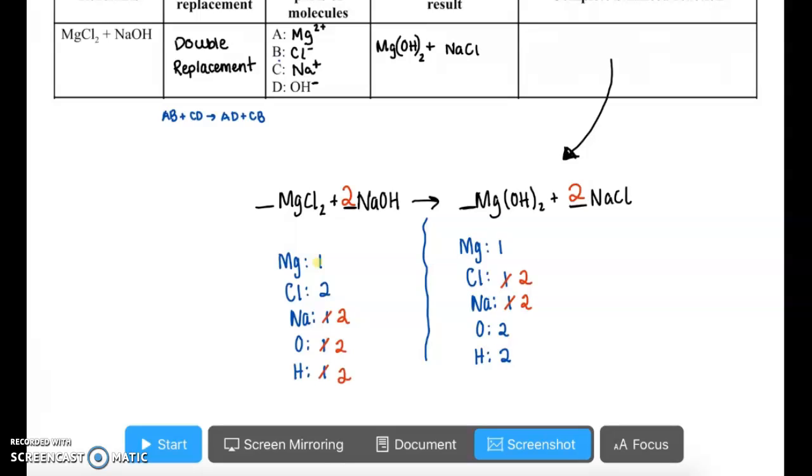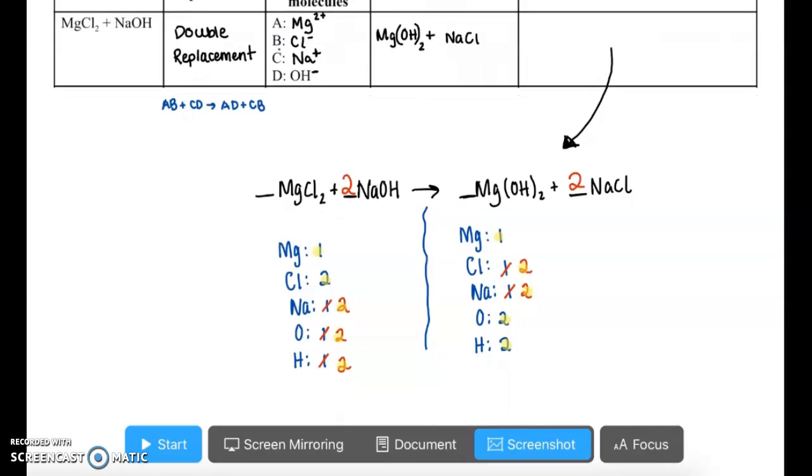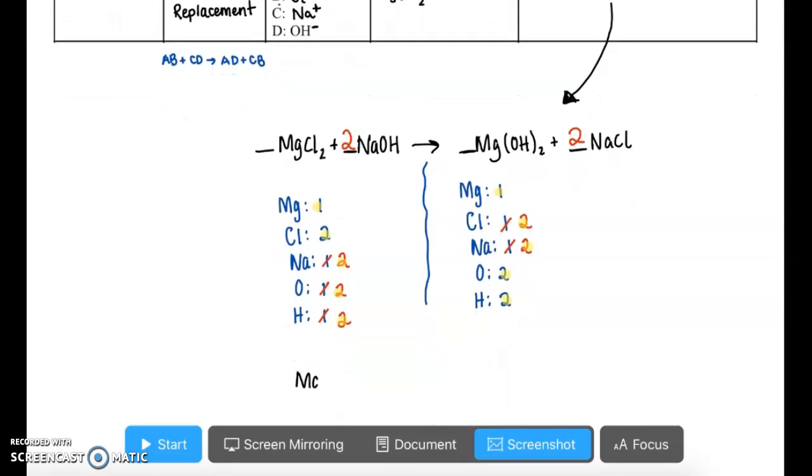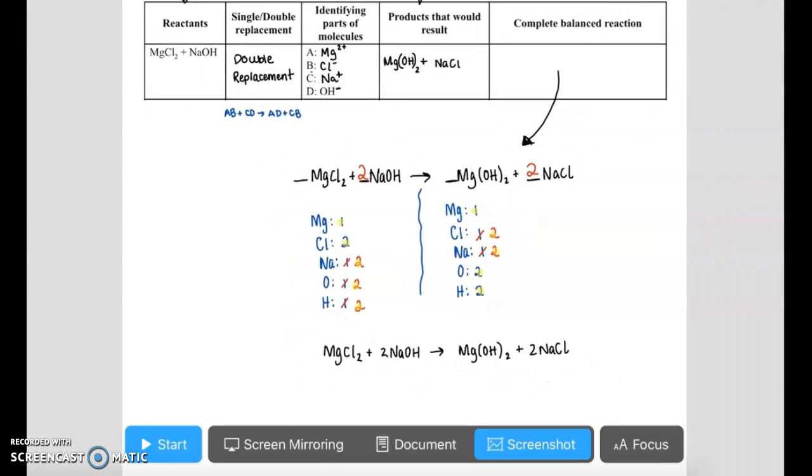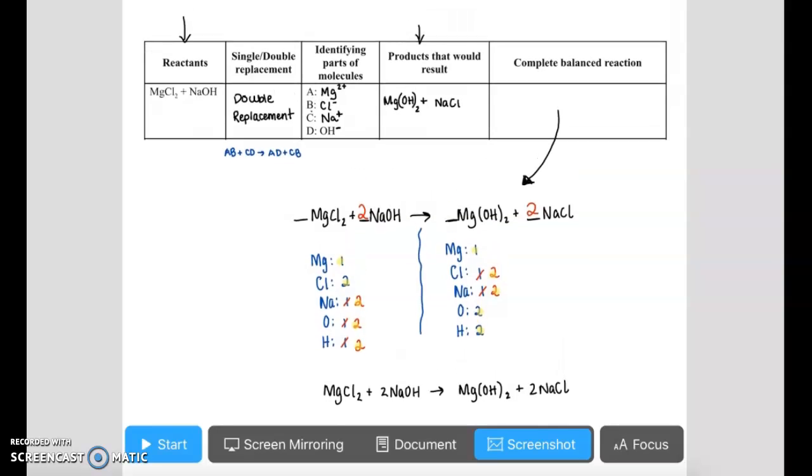And as a quick check, I am showing conservation of mass for each of these types of atoms. So my final answer would be MgCl2 plus 2NaOH yields Mg(OH)2 plus 2NaCl. And of course, I would be trying to fit it into that tiny box.